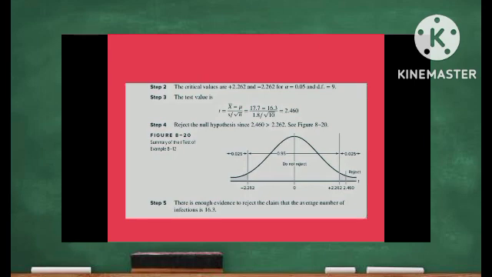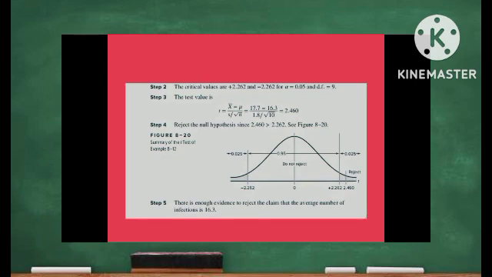Step 4, reject the null hypothesis since 2.460 is greater than 2.262. Why is it rejected?